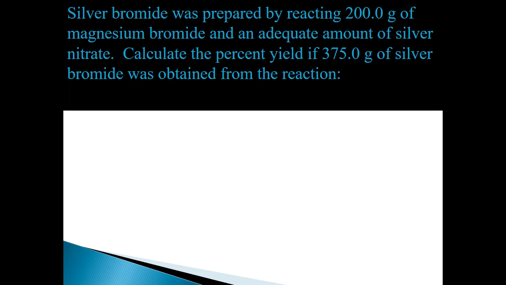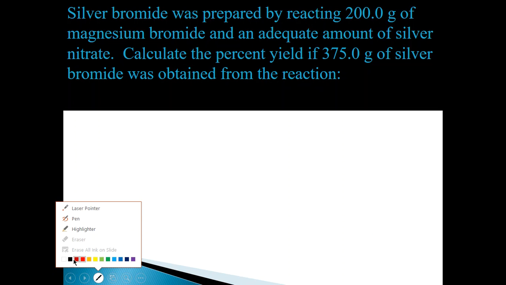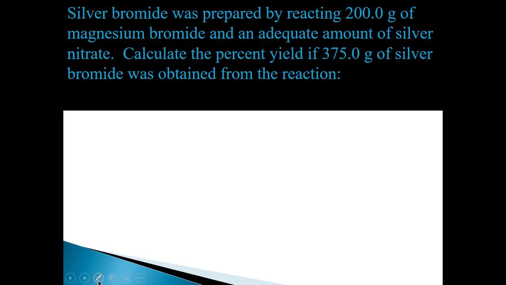So we're going to look at an example here of how we can determine the percent yield of a reaction. Again, it's dealing with the same equation, the reaction between magnesium bromide and silver nitrate to form silver bromide. So let me just rewrite the equation here.